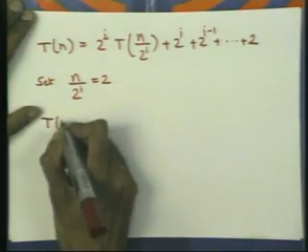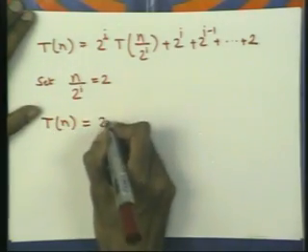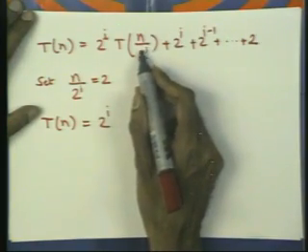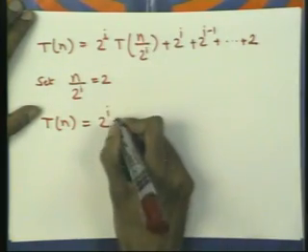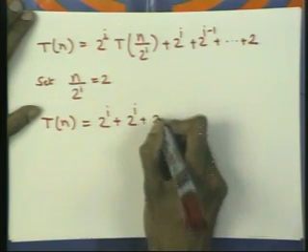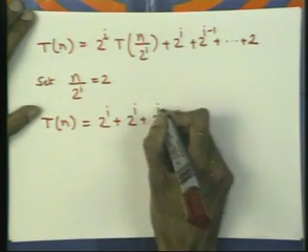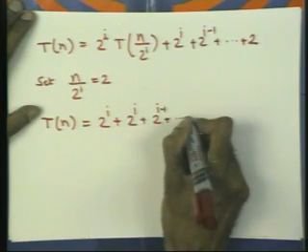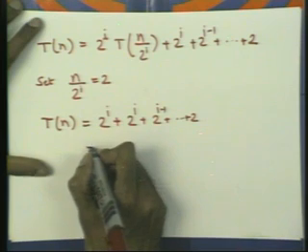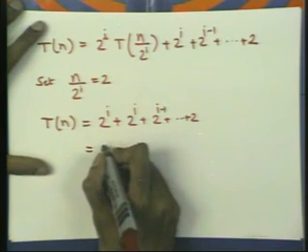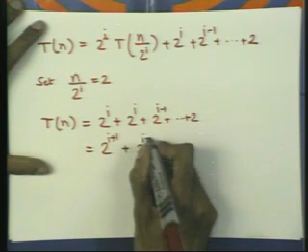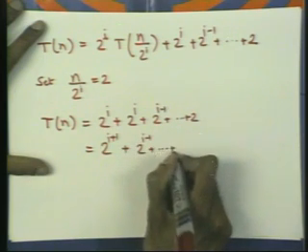Then T(n) is 2 to the i times T(2), which is 1, plus 2 to the i plus 2 to the i minus 1, and so on up to 2. So this is nothing but 2 to the i plus 1 plus, well, 2 to the i minus 1, and so on up to 2.